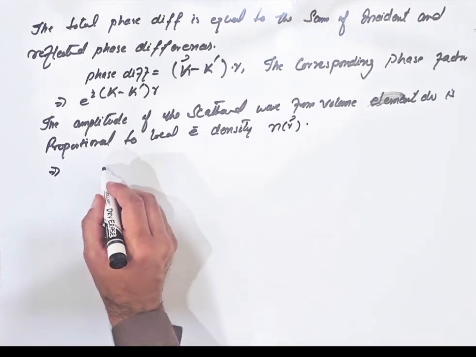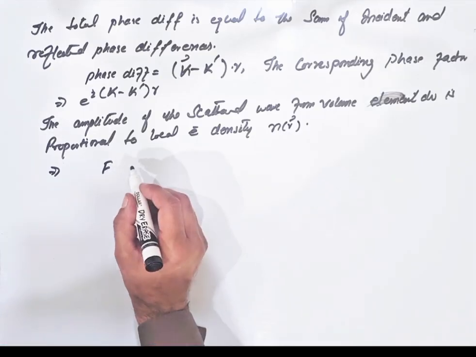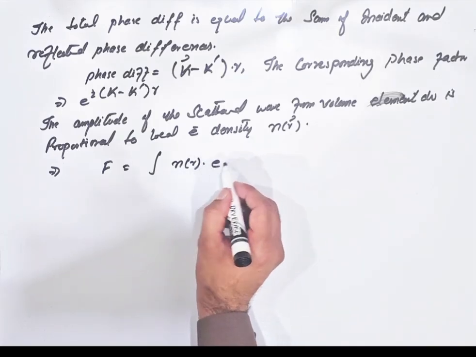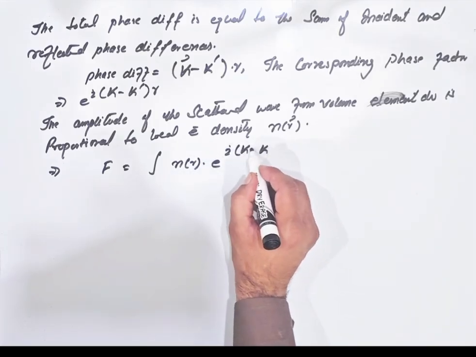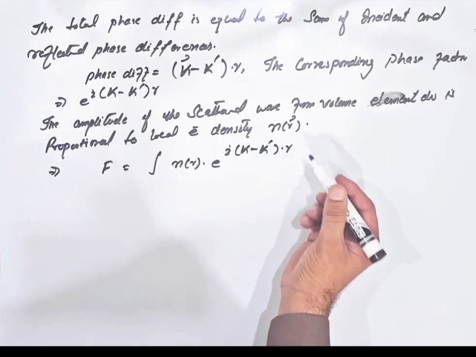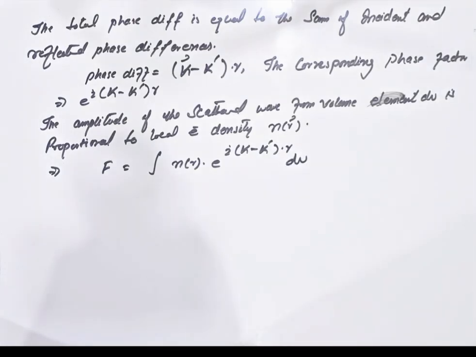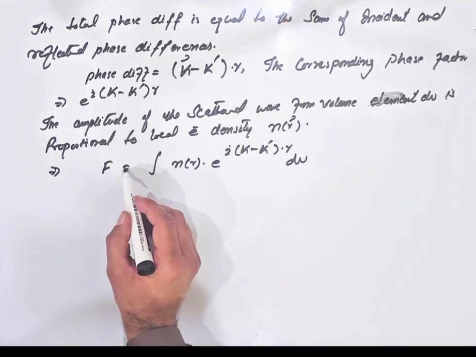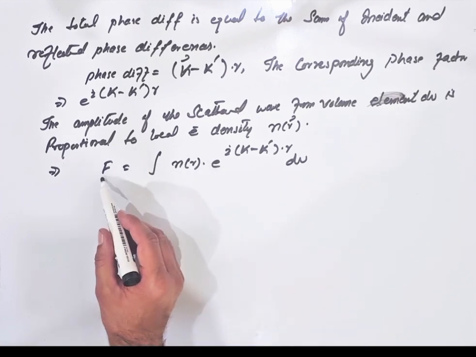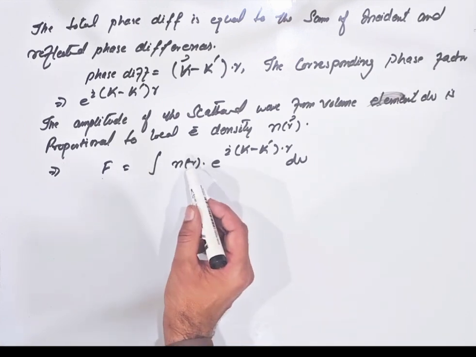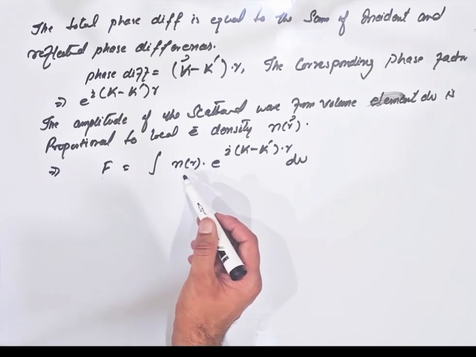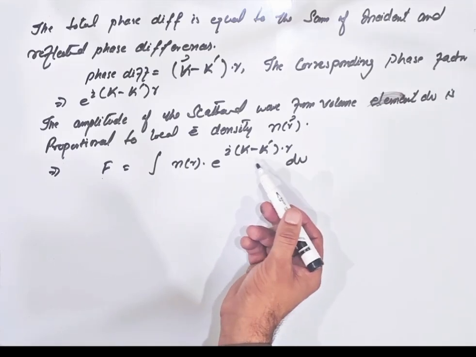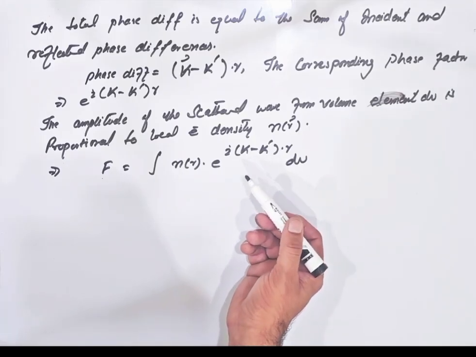That is, the scattered wave amplitude is represented by F is equal to integral over n(r) multiplied by the phase factor of the incident and reflected wave over the whole volume dV. This gives us the scattered wave amplitude, which is equal to the electron number density multiplied by the phase factor of the two waves, incident and reflected beam.